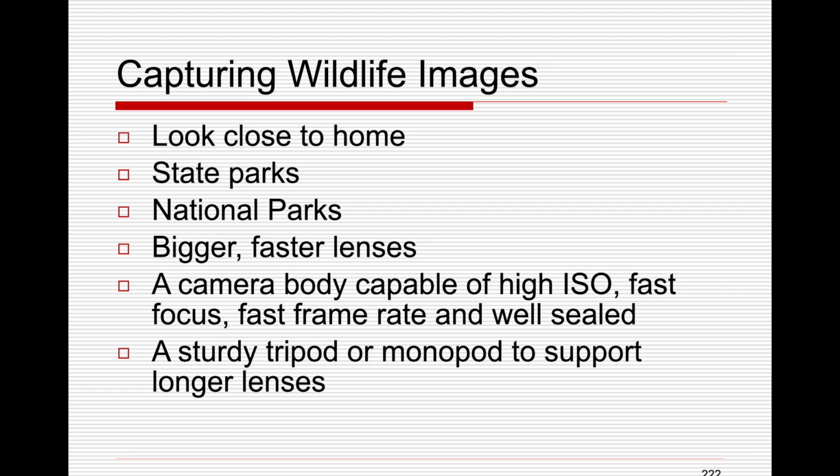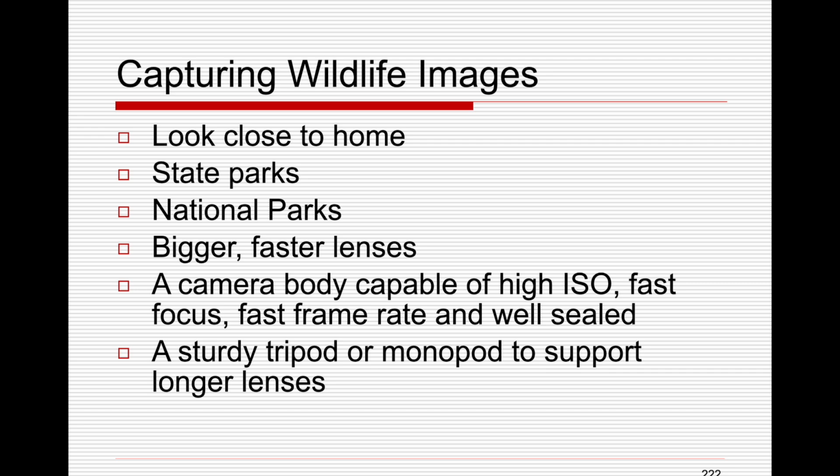When we are capturing wildlife images, we should look close to home. We maybe have state parks available to us, or wildlife areas, or farm fields, or national parks. As I said, if we're planning on shooting big game, then we're needing bigger, faster lenses.